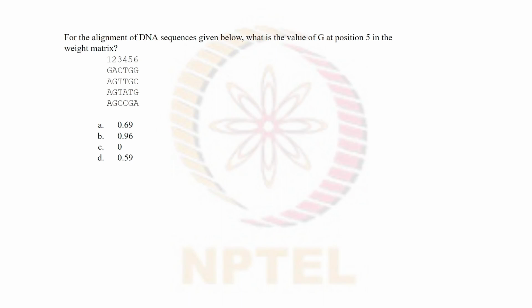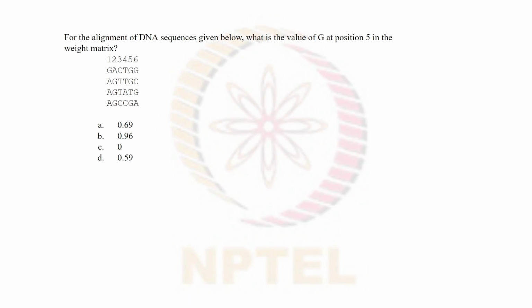So first identify. Before solving this, I have a general question. What would be the probability of seeing a residue in a particular position in case of DNA?